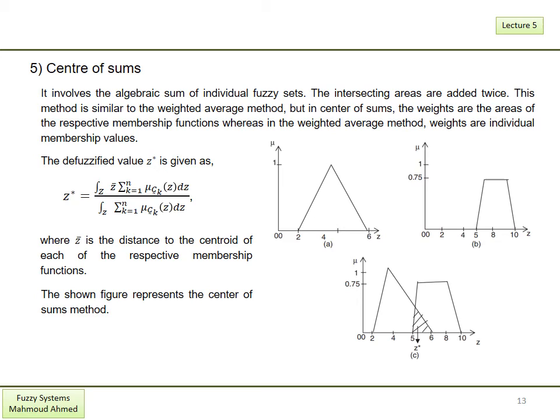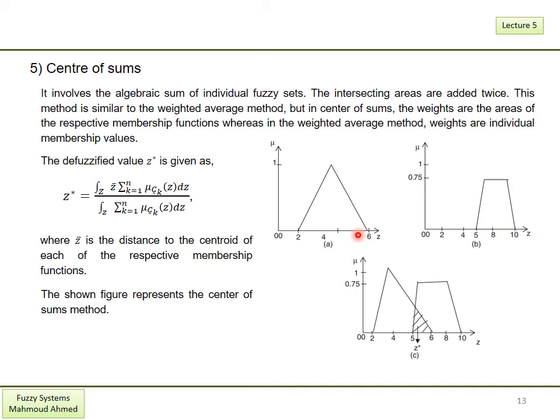The next method is the center of sums. The center of sums simply involves the algebraic sum of individual fuzzy sets. So we have here a triangular fuzzy set, and we have here a trapezoidal fuzzy set.